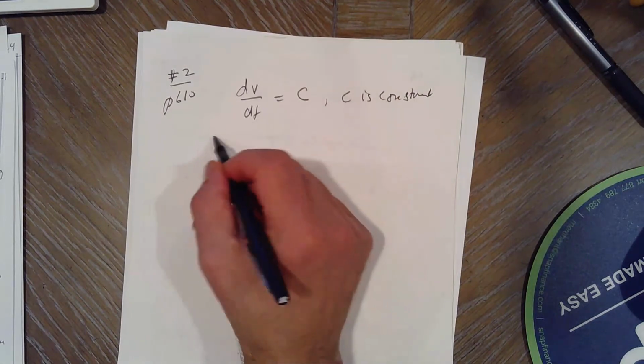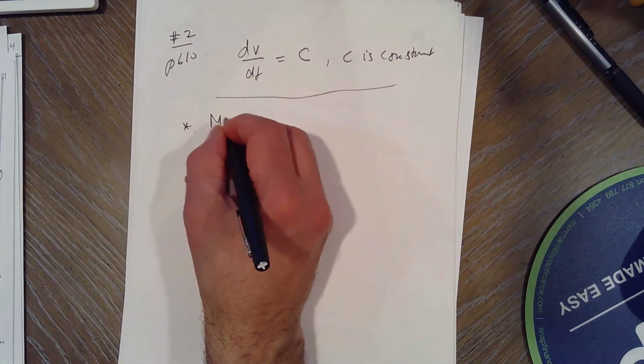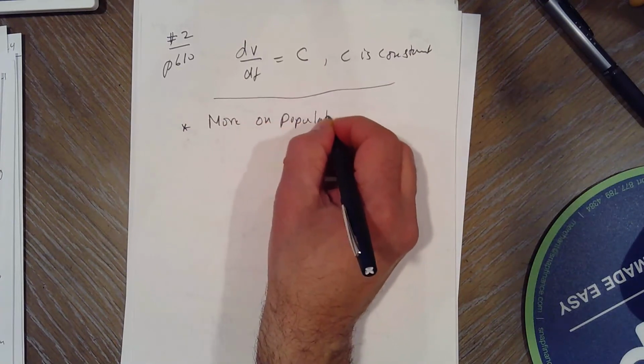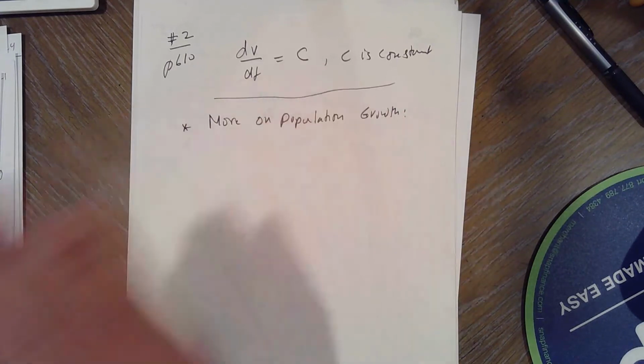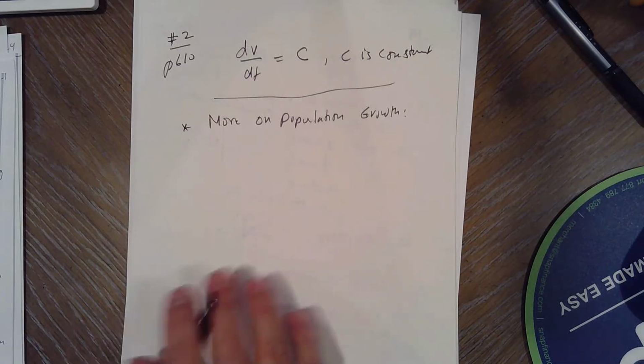Okay? So simple stuff. Now, more on population growth, which is really important, because if it's a population, it reaches a certain limit. Population size usually increases, but then it reaches a certain limit and starts coming down.